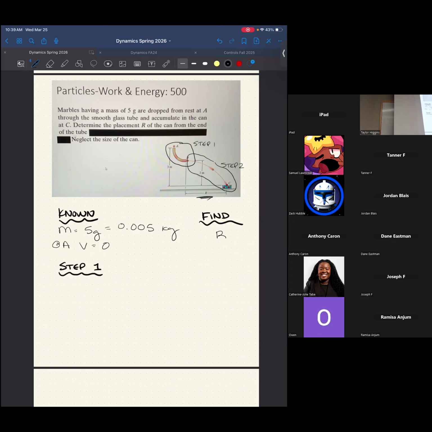Yep. I remember in the last recitation, I asked this question, if you could use this one always. Is there ever an advantage to using the other one? Yes, I believe there does exist a problem in the Hibbeler book where it is much easier to use conservation of energy. I can't remember which one it is, and I can't remember why.